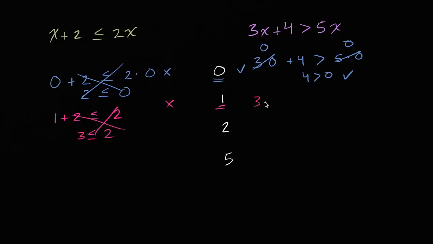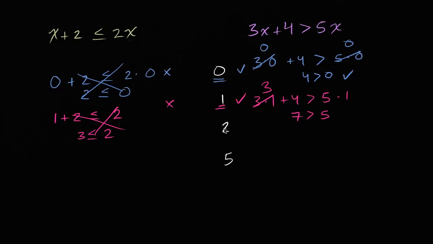So 3 times 1 plus 4 needs to be greater than 5 times 1. So 3 times 1 is 3 plus 4. So 7 needs to be greater than 5. Well, that's true. So both 0 and 1 satisfy 3x plus 4 is greater than 5x. Neither of them satisfy x plus 2 is less than or equal to 2x.